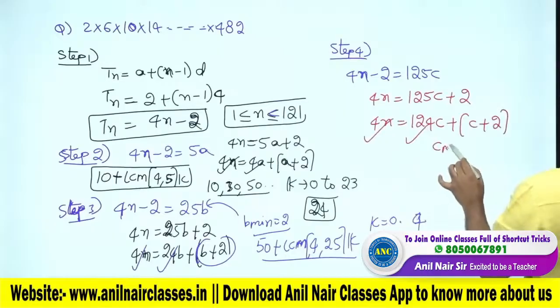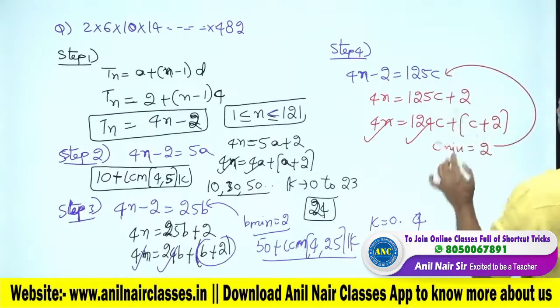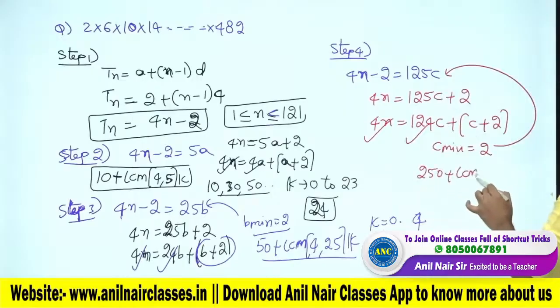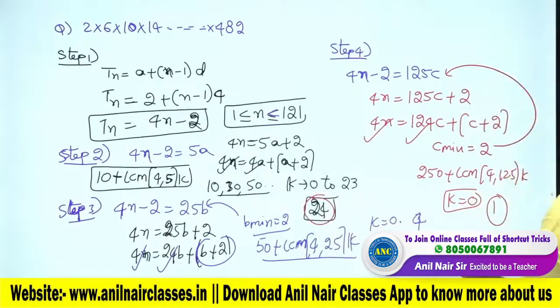C minimum will be 2. If c minimum is 2, this will be 250 plus LCM of 4 comma 125 into k. So k can take only 0, which is 250. So here 1 value, here 5 values, here 24 values.